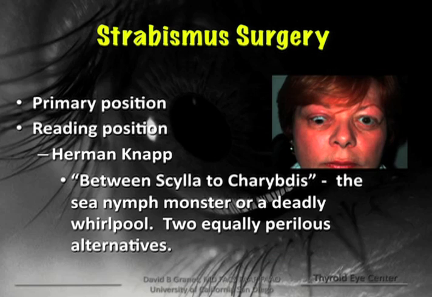So we go to the operating room, and we're trying to get people, at the very least, the standard is you want to be able to look straight ahead and not have double vision. And if you're lucky, you want to be able to look down a little bit and not get double vision. Well, I don't like that very much. I want you to have a window of vision that allows you to function on an average day doing average things without getting double vision.